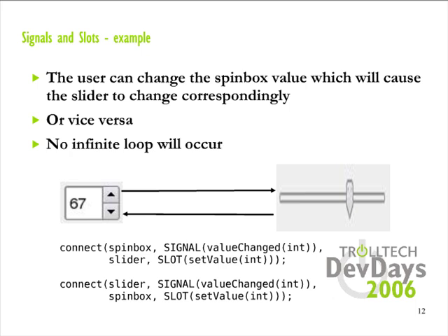Now, you might wonder, well, isn't there going to be an infinite loop? But in general, most slots begin with code that effectively says, if the value coming in is the same as the one I've got, return. And they only do anything if the value is different. Now, I think it's a very simple and clear mechanism, and it focuses on the high-level things that we're interested in, rather than the low-level detail of where a particular click took place or the state of the shift key and the control key when they pressed the mouse.